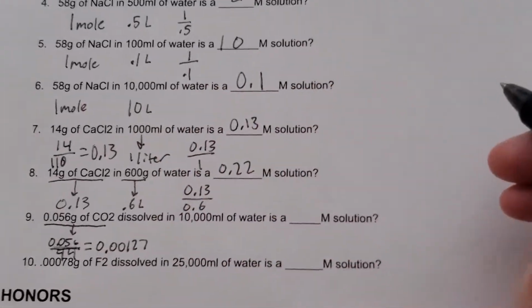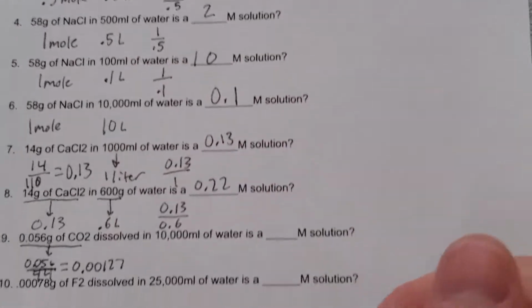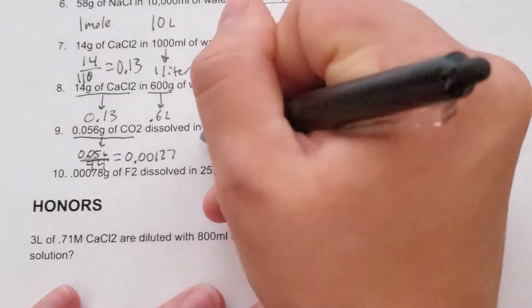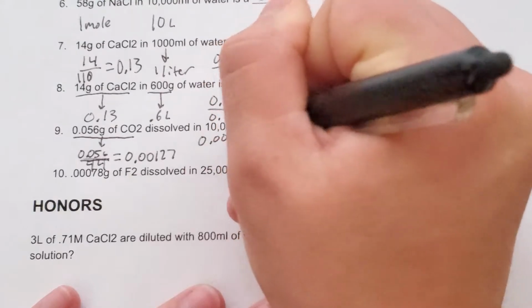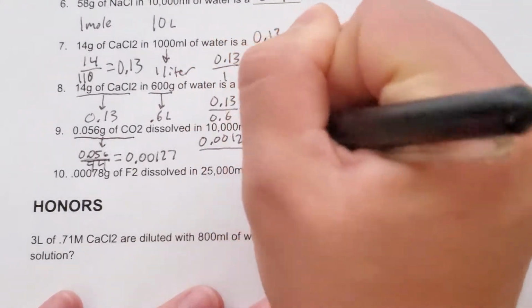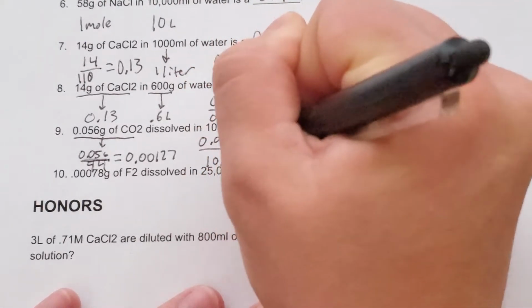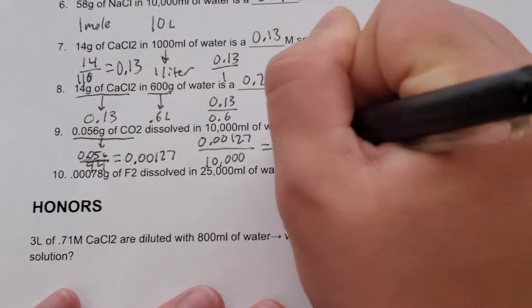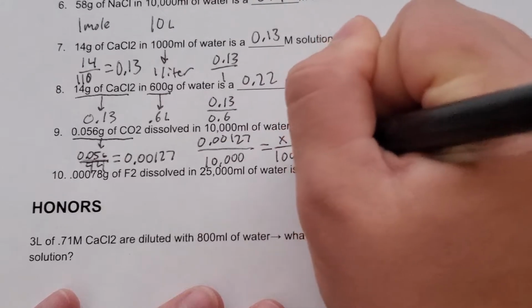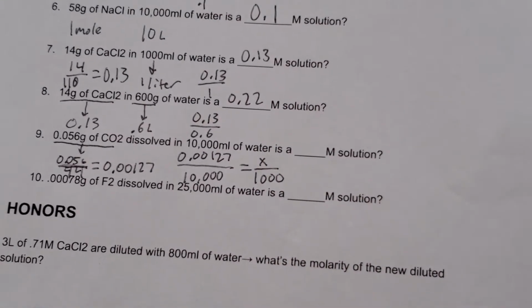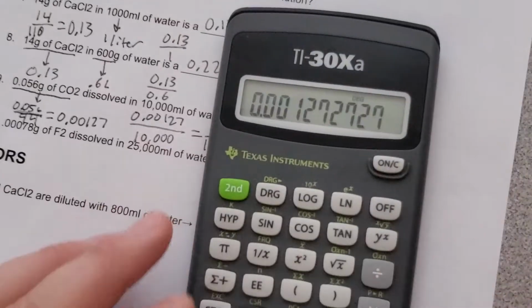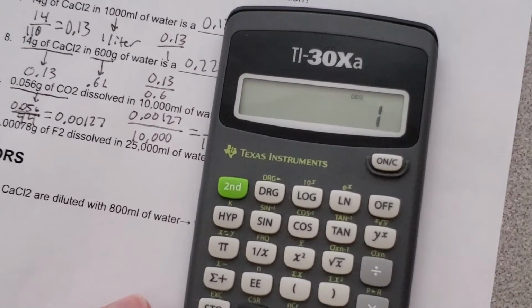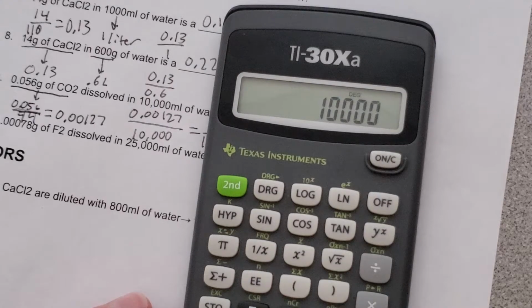So I'm going to solve this one a little bit different than what I've been doing up here, but it's going to give you the same answer. And this is the way we actually solve it in class. So 0.00127 divided by 10,000 is equal to x over 1,000. I'm going to multiply this by 1,000 and divide by 10,000.